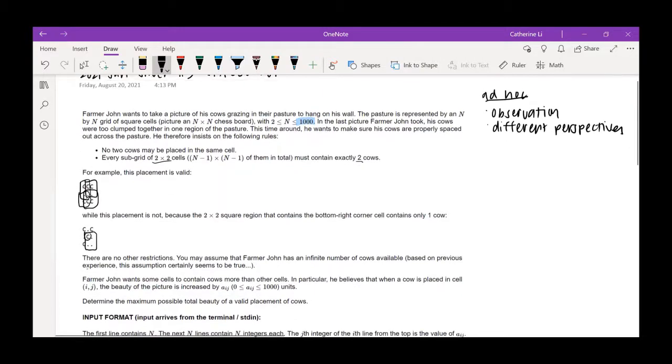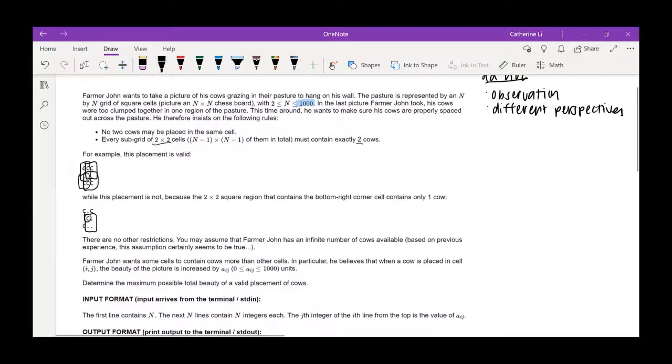So if we try some observations and see what could happen given this constraint, first of all, I think this constraint is relatively restrictive.